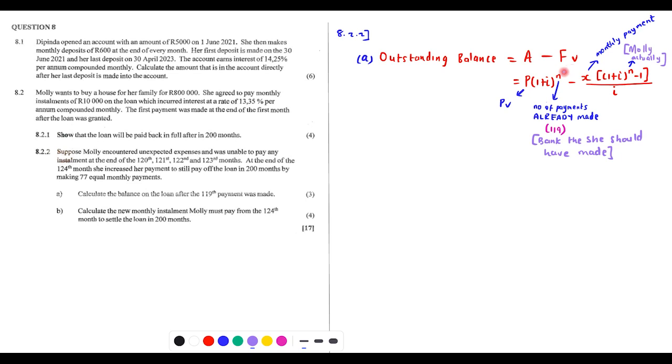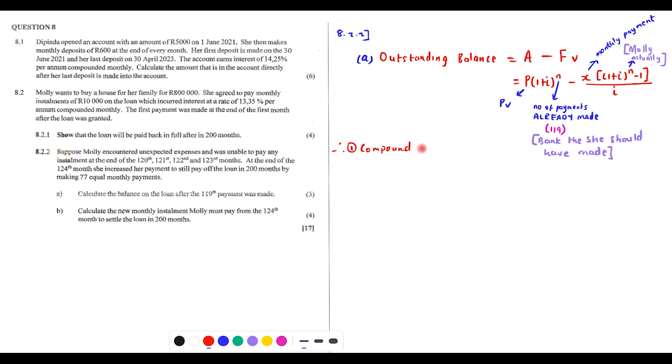So in this one now, that's basically that. So now here we're going to calculate, number one, the compound interest.